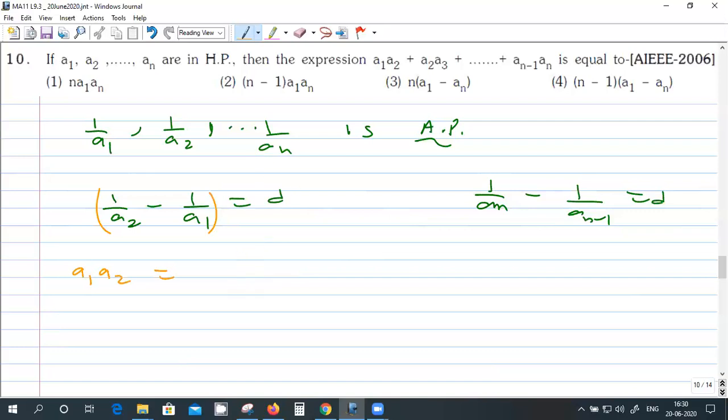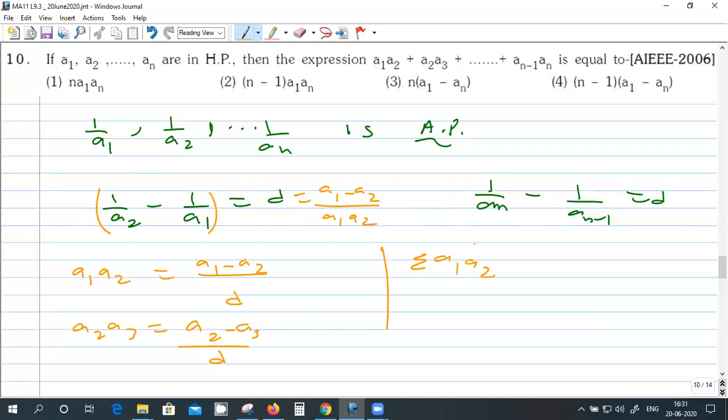So this means that 1 by A2 minus 1 by A1 is D, so A1 A2 is (A1 minus A2) divided by D. Is it correct? So similarly, A2 A3 is (A2 minus A3) divided by D. So if I add these things, the summation of A1 A2 is the left hand side. So these things will cancel. So finally only (A1 minus AN) divided by D will remain. Getting the thing?